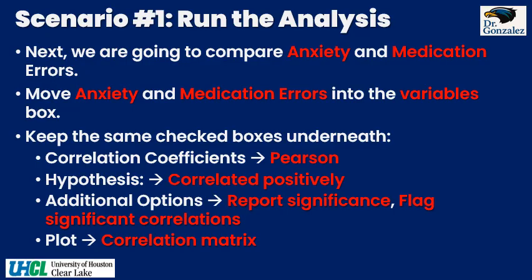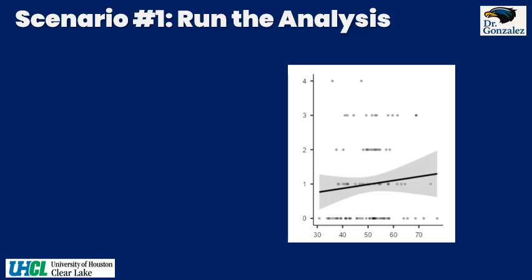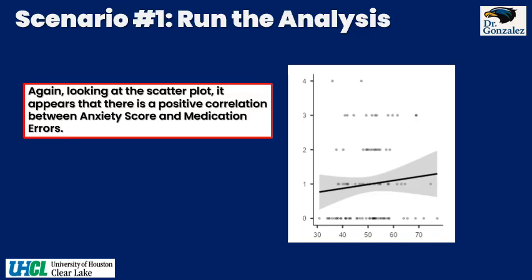And the first thing I want you to do is scroll down and look at your scatter plot. So let's do that. So here's a scatter plot for that variable here. This is anxiety and medication errors. And again, I see a positive relationship that indicates a positive correlation exists between these two variables.